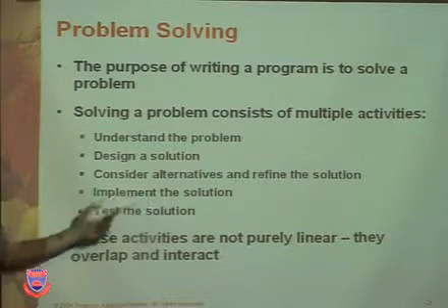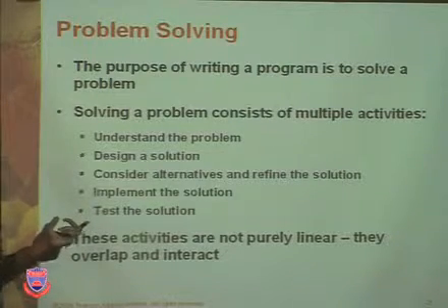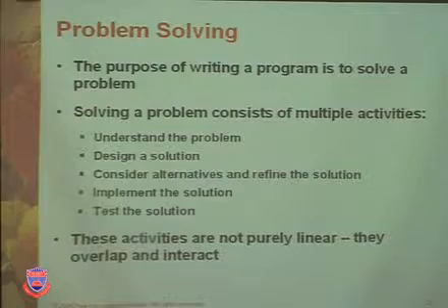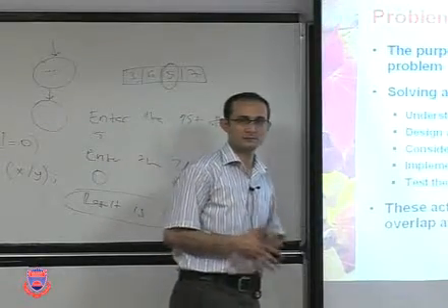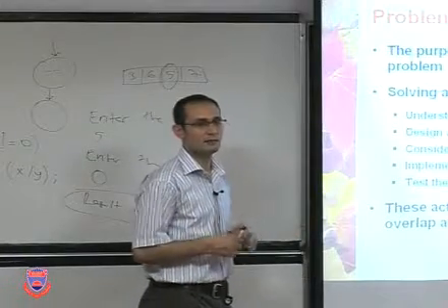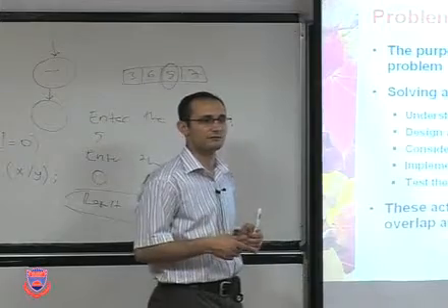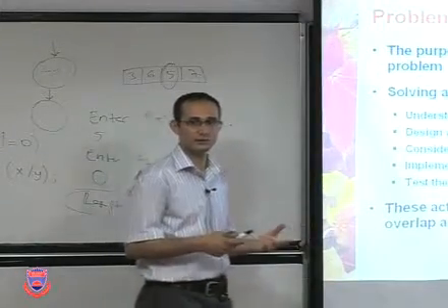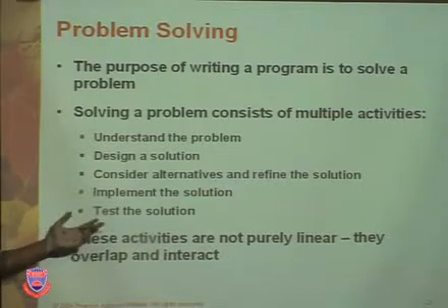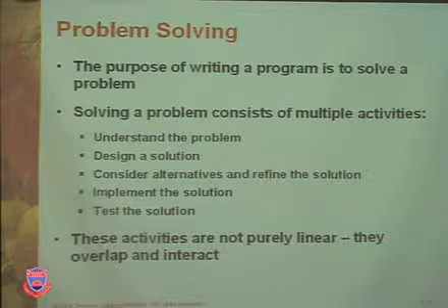Then implement the solution. And at the end, this is really important, you have to test your solution. For example, let's say we wrote the registration system here, and somehow it registers more than the allocated student count, and continues to register every student who tries to get the course. Then this is going to create a big problem and a disaster. To prevent this, you have to test your solution and make sure that there are no problems.